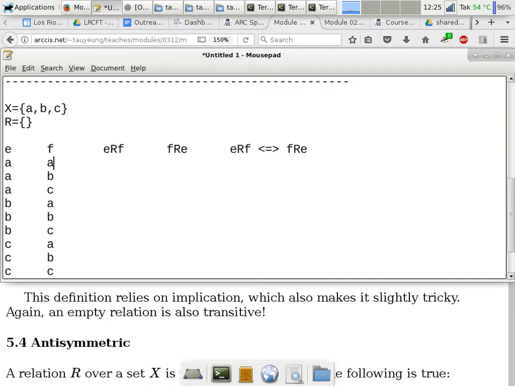If it's not random, what makes this not random? The way I put the values under the E column and the F column. E is stuck with A first, and then F goes through all the possible values. E moves on to the next, and then F goes through all the possible values.